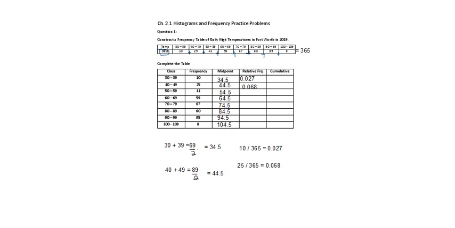And then from there, what I'll do is I'll just keep doing the same thing. 41 divided by 365, 59 divided by 365, and so on. So if we do that, 41 divided by 365 is 0.112. Then 59 divided by 365 is 0.162. Then 67 divided by 365 is 0.184.